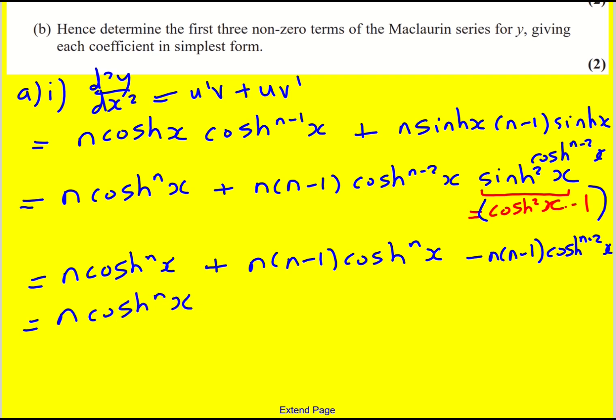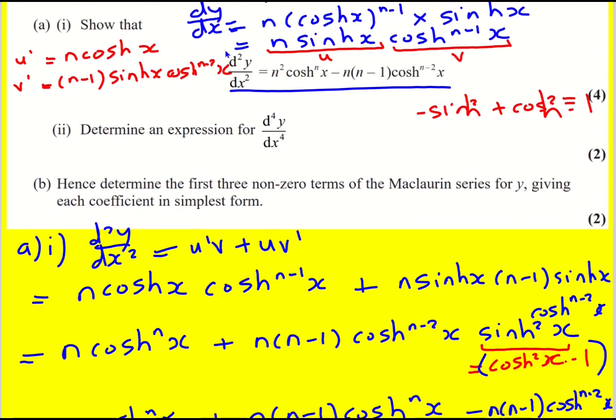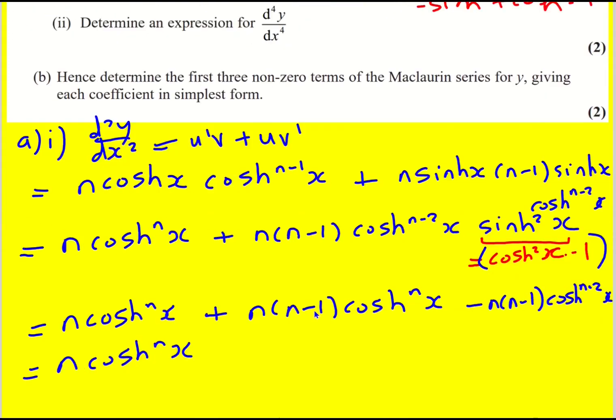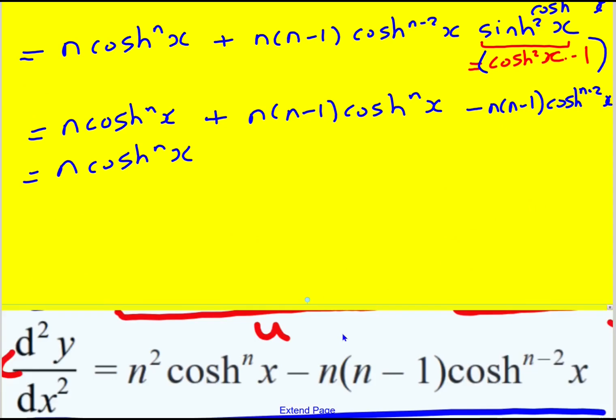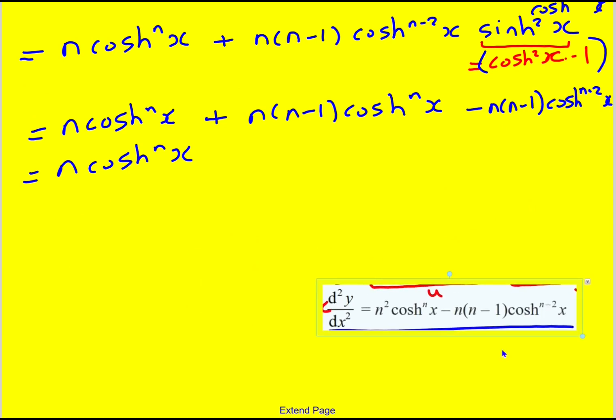We're nearly there, and you can kind of just keep tabs on what we're actually trying to get to. In fact, let me just bring this down, because I think this is quite awkward. You might start questioning whether you've done it right and start looking back through it. We need to be getting an n squared. So, okay, let's multiply this bracket out. I'm going to get n squared cosh n x. Right, so that is that term sorted.